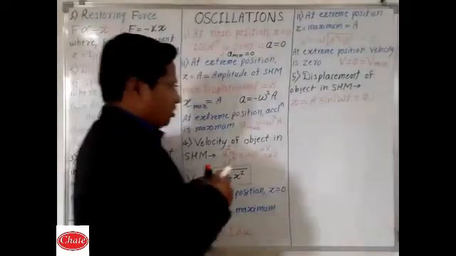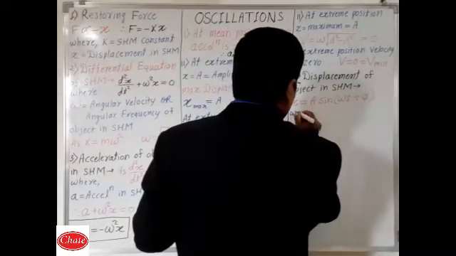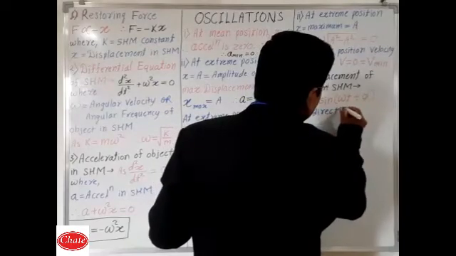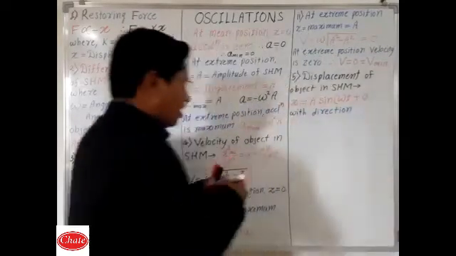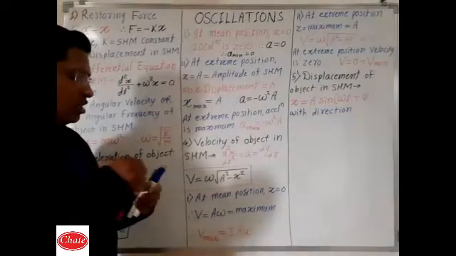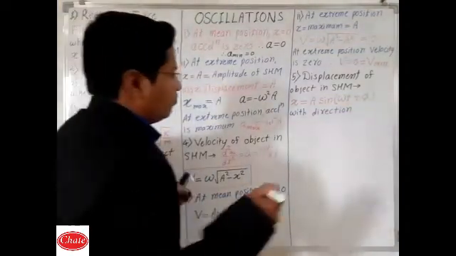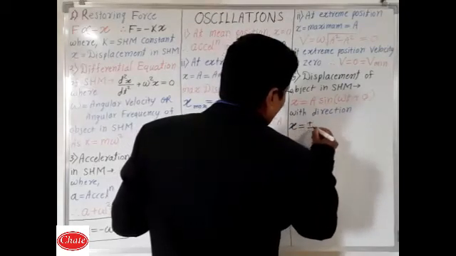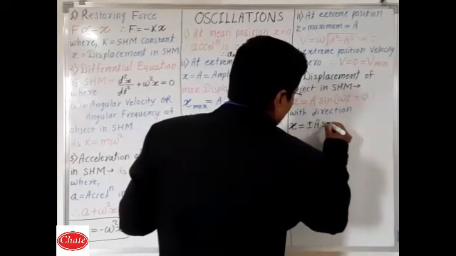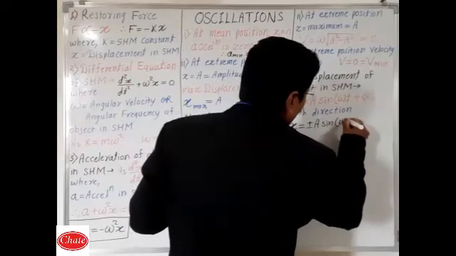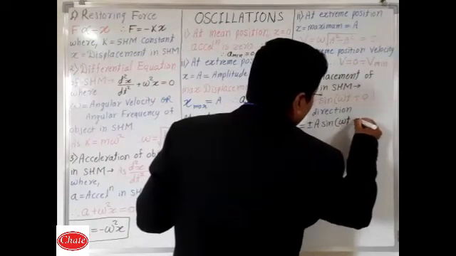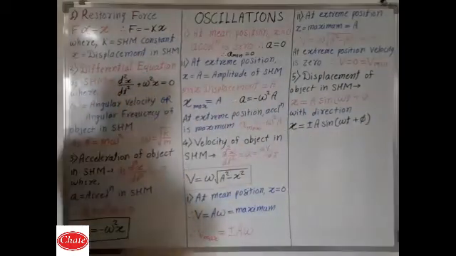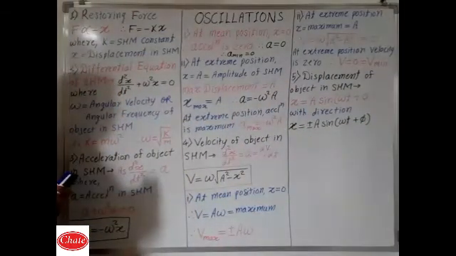With direction you can simply write x equal to plus or minus a sin omega t plus phi. ठीक है. हे झालं डिस्प्लेसमेंटचे इक्वेशन.